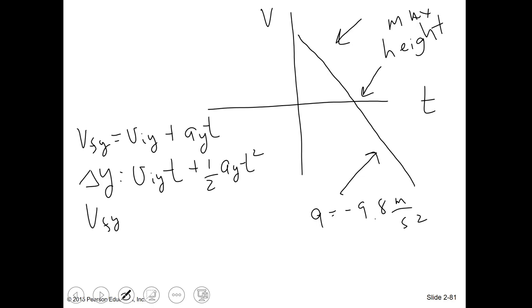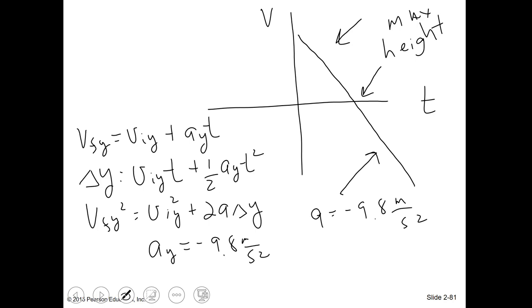And finally, final velocity in y squared equals initial velocity in y squared plus 2 a_y delta y. What we know now for these problems is that the acceleration in y is negative 9.8 meters per second squared. So we have to bring this to the problem. Any of these free fall problems, when we're just under the influence of gravity, we know the acceleration.